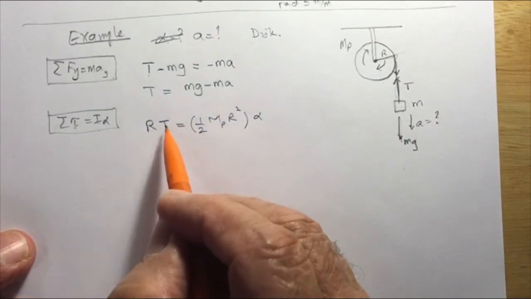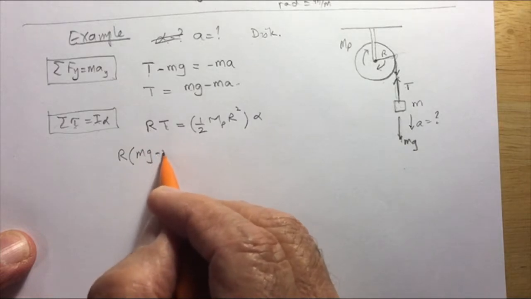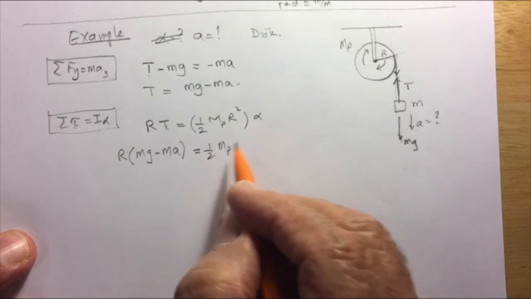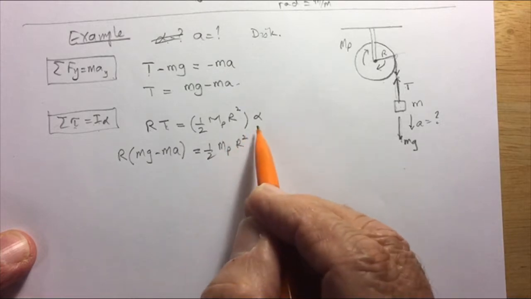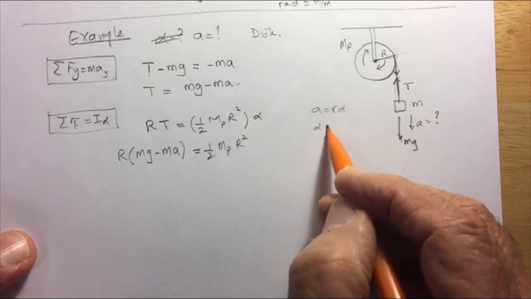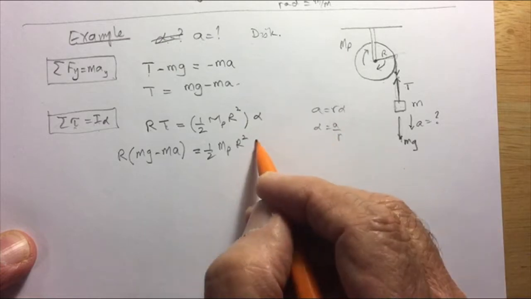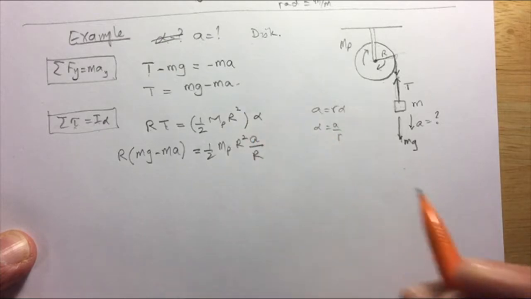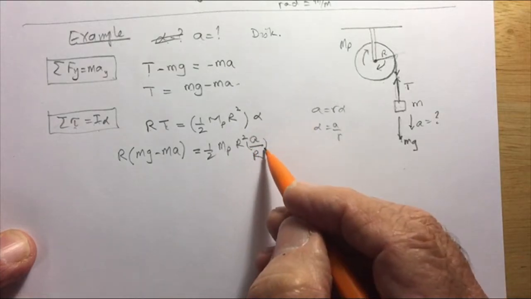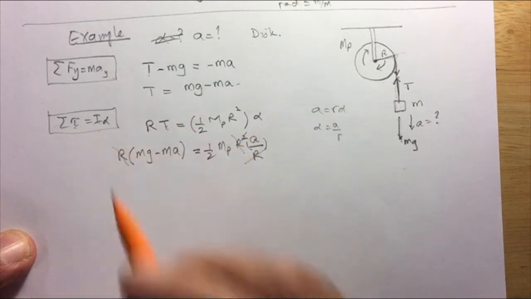Now we replace the T from here, so it becomes r(mg minus ma) equals half the mass of the pulley r squared, and we use a equals r alpha, or alpha equals a over r. So replace alpha with a over r. So this is our alpha. Now we cancel out one of these r's, and the other r we cancel out from here.